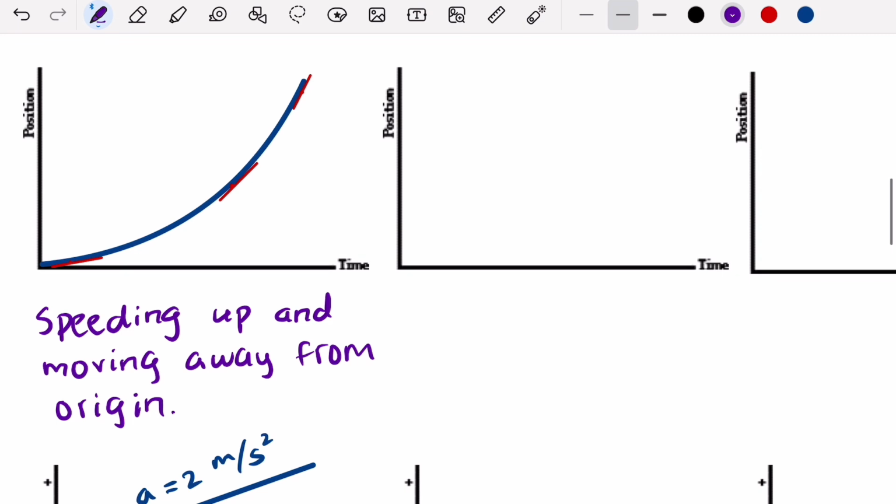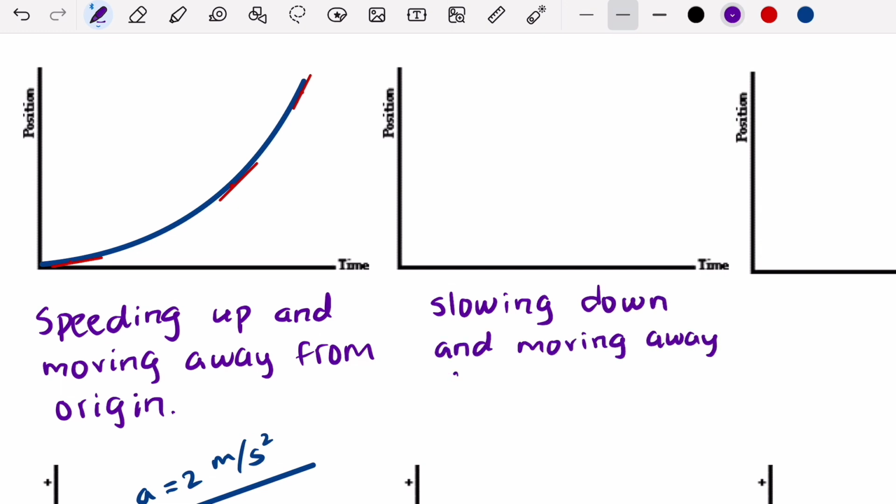All right, so now let's see what happens when an object slows down. Okay, we have an object slowing down and moving away from origin. That means the slope has to decrease because we have an object that is slowing down.